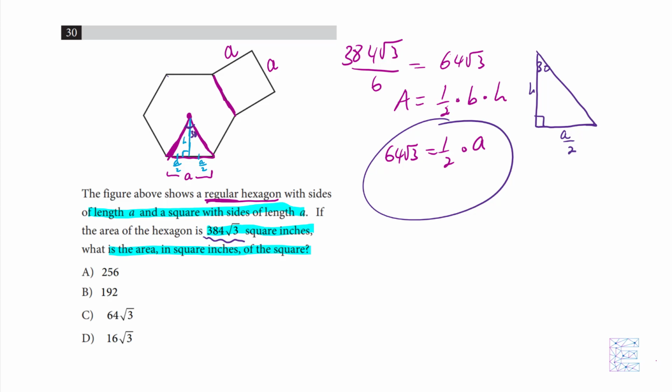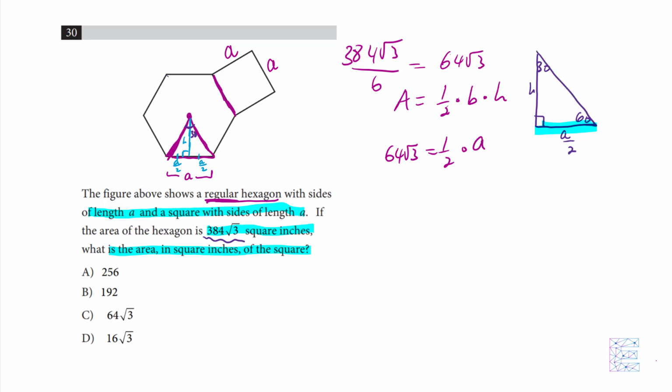So using our knowledge of the 30, 60, 90 triangle, by the way, the drawing of it and the formula and the relationships are given on the test. It's on the front page of every math section. And it says, if you have the short leg, and we do, to find the hypotenuse, you always say double the short leg.